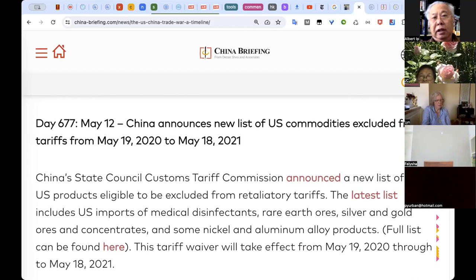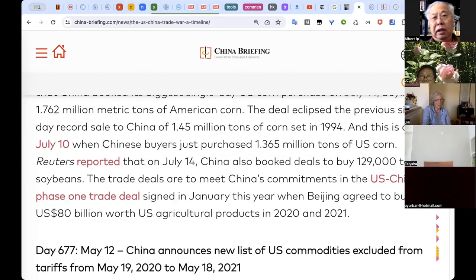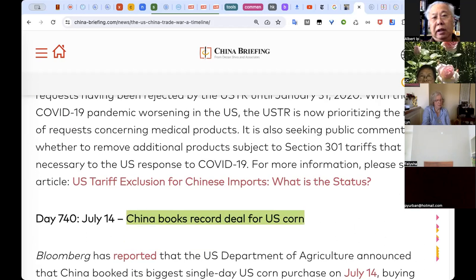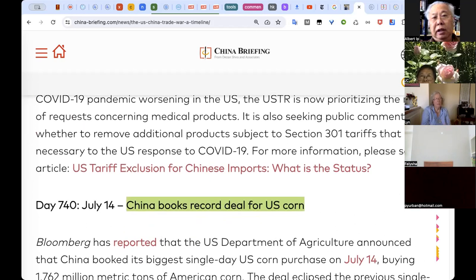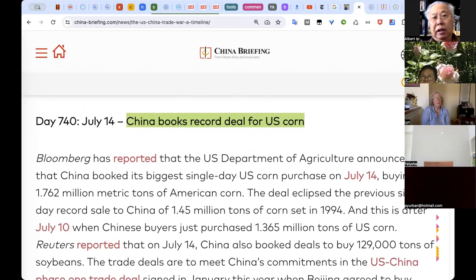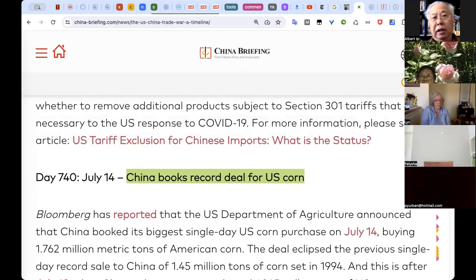In May, another new list of commodities was excluded from tariffs. Then, as a help for Trump to win the presidency, China made a record deal with US corn, buying a record amount of corn from the US in July.